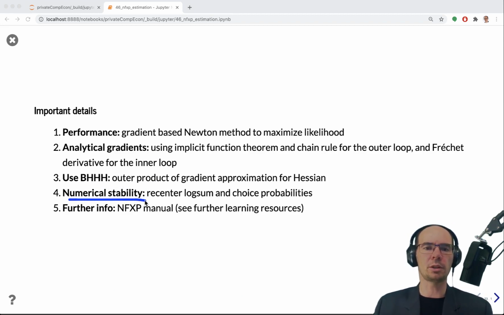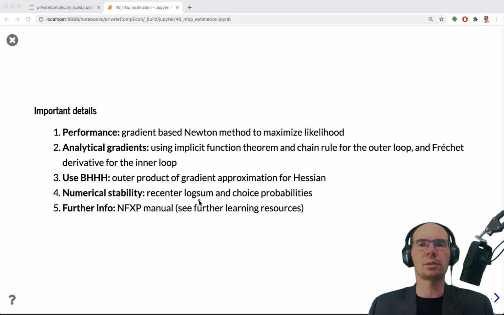For numerical stability, there are some issues that may make the whole procedure unstable, and primarily it has to do with calculating log sums in the right way with recentering or demaxing, and same thing for choice probabilities.